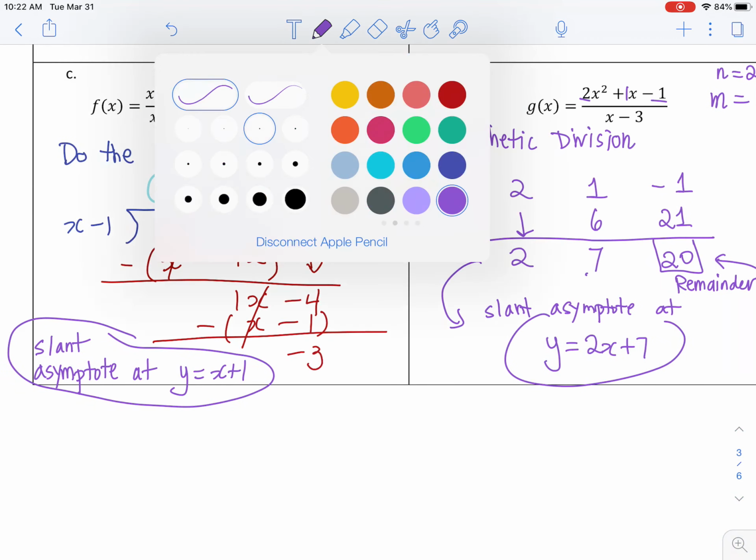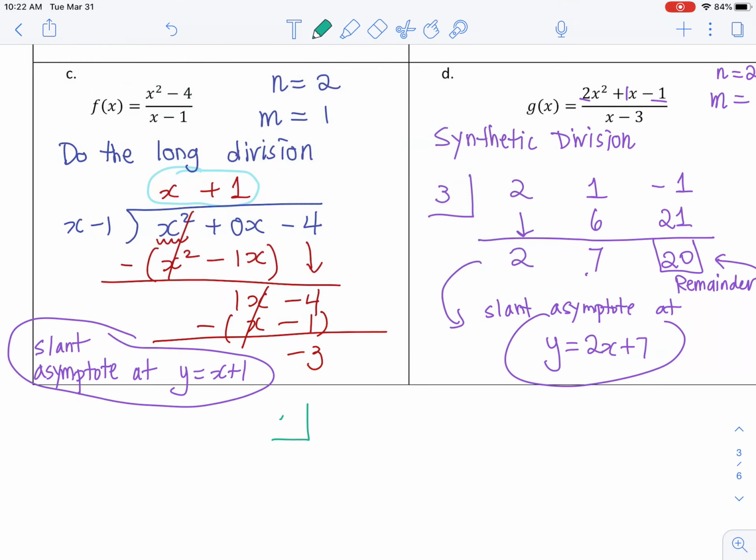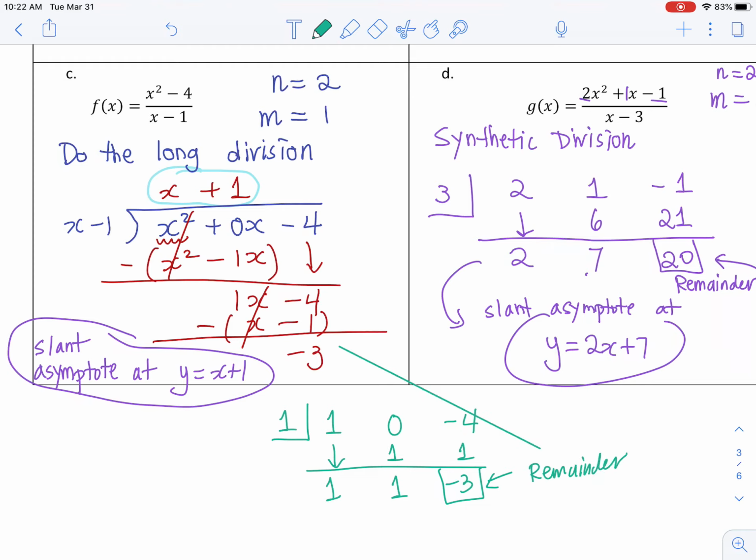And if I just do the synthetic division over here for C, just one more time, just to try another division, I can put 1 in the little box because I'm dividing by x minus 1. Then put 1 for the x squared, 0 for the x, -4 for the constant. I think this is just a little bit easier. 1 times 1 will give me 1, and then add and get -3. So -3 is the remainder, and that matches what I got from doing the long division.